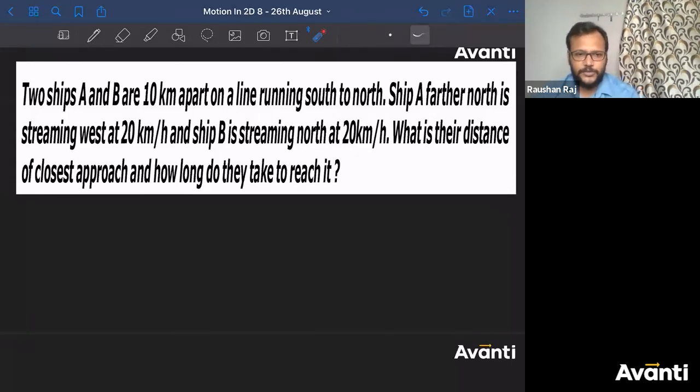That is the systematic method, right? VBA, that is what needs to be done. Use the relative motion concept to get the answer. That is what I'm also going to do.